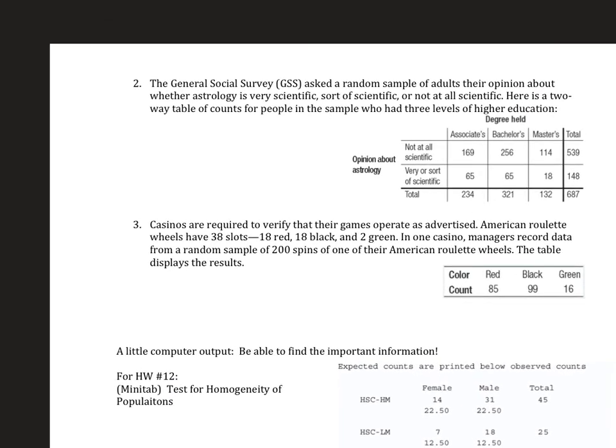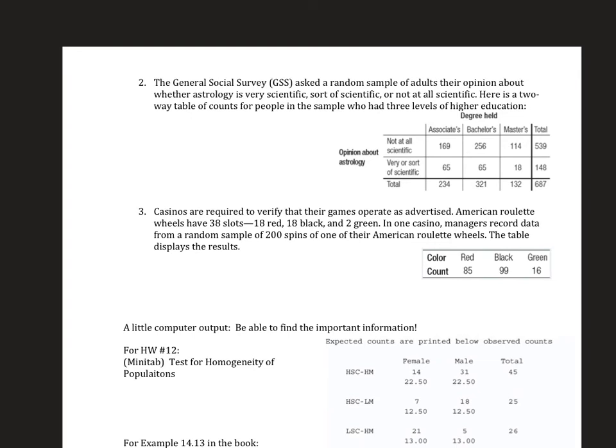Here we go. The General Social Survey asked a random sample of adults their opinion about whether astrology is very scientific, sort of, or not at all. Here's a two-way table. So goodness of fit has now definitely not it. But a random sample, one sample, but two variables.